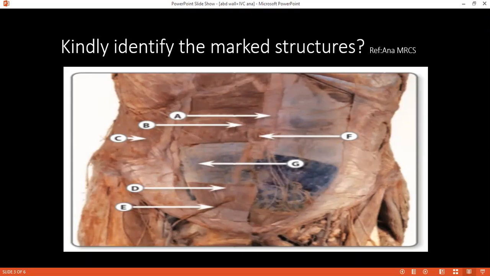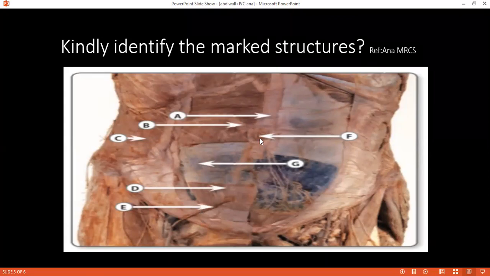The direction of the fibers is vertical. C is the external oblique muscle. D is the rectus abdominis. E is the superficial epigastric vessel.